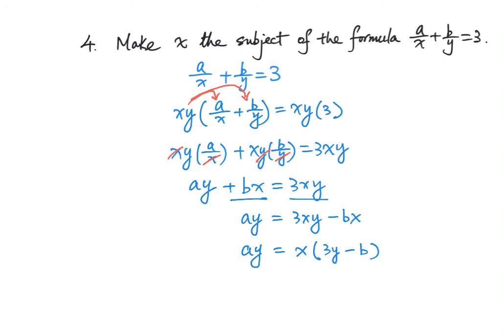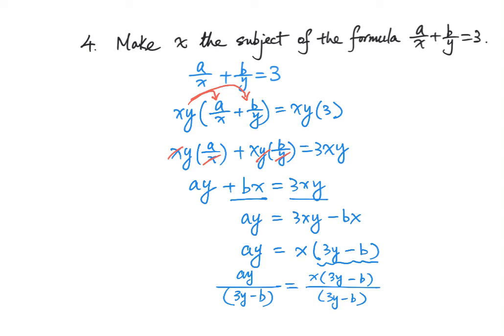Now I want to remove this bracket, so move this bracket to the left hand side. So change sign, change operation. This is multiplication, so we need to do division. ay divided by the whole bracket 3y minus b, and on the right hand side x times 3y minus b, also divided by the whole bracket 3y minus b.